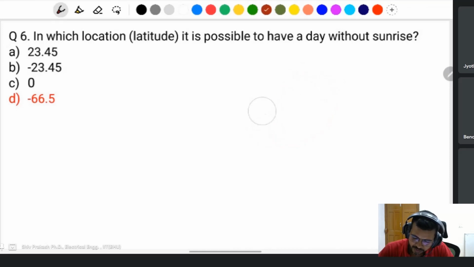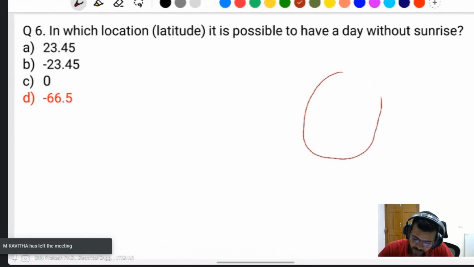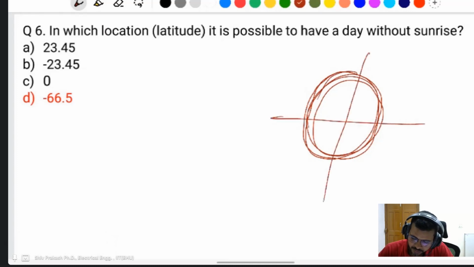So this will be the center, this will be the zenith axis.